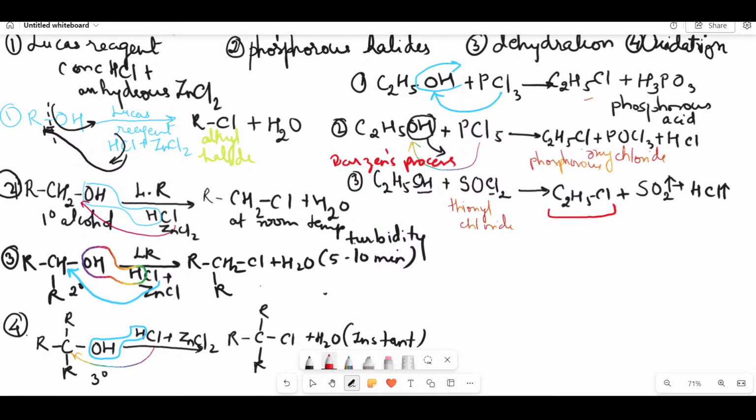Due to this we have a good yield of ethyl chloride. That is why Darzon's process is used to produce alkyl halide. This is a preferred reaction compared to these halides. The next one, let us see dehydration. For doing dehydration, temperature is very, very important.